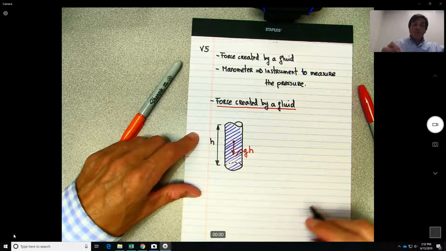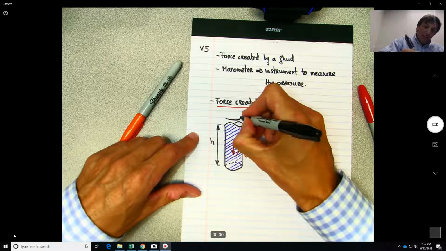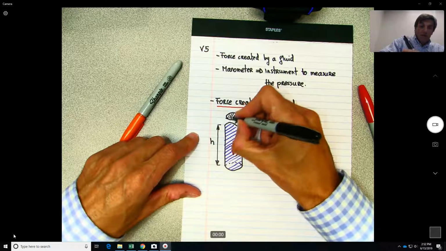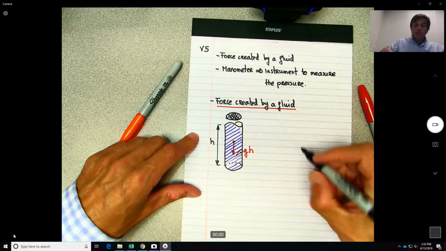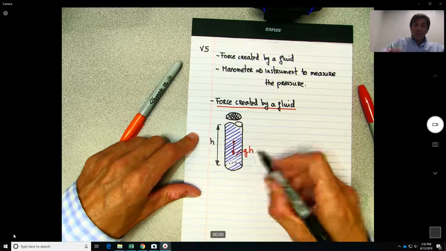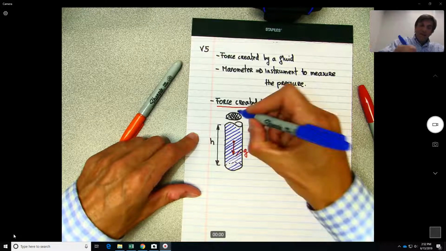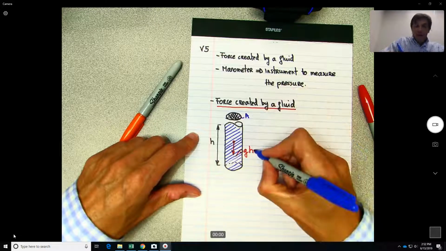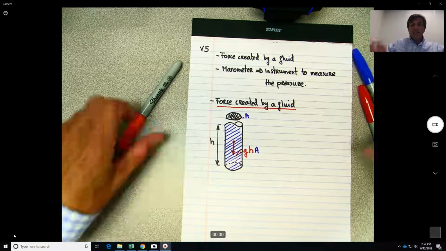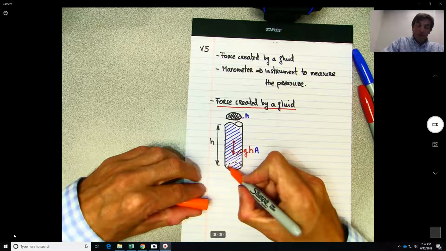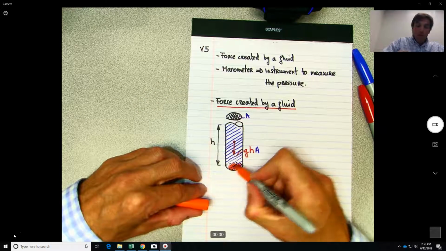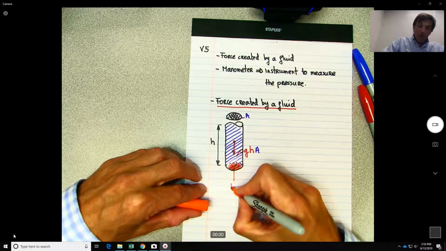But obviously also the force will depend on what? On what is the diameter of your tube. So this will be equal to rho g h A, and that is the force that would be observed by the bottom of the tube, by the force F over here.